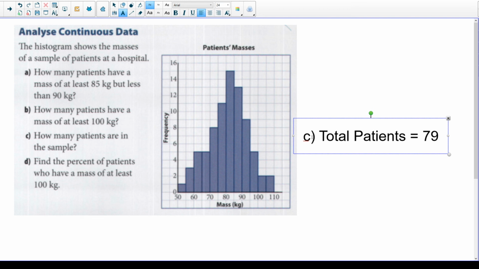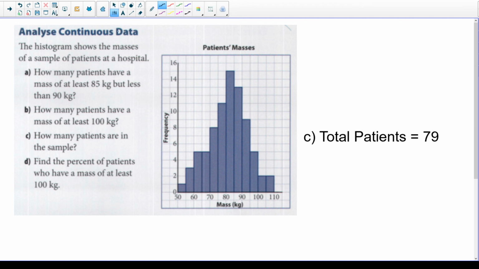So what they're asking next is find the percent of patients who have a mass of at least 100 kilograms. So the reason we needed that total is because to find a percentage, we need to divide by the total, okay? So in question B, we had already said that there were 4 patients that had a mass of at least 100 kilograms.